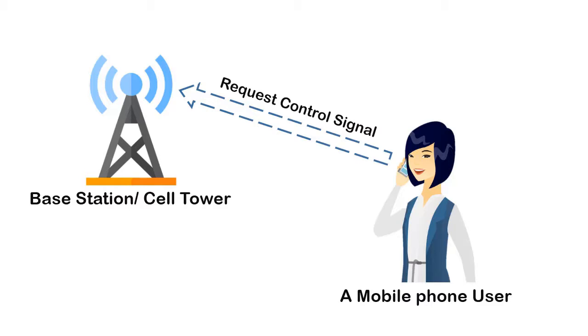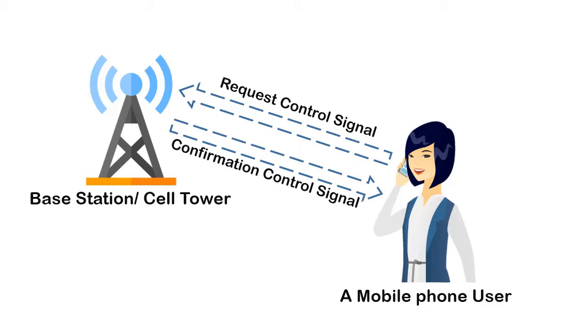Once they are verified, these signals are processed. The request signal includes important details of the caller and receiver ends. So once the signal is verified, the tower is ready to send the request to either the receiving user himself or to another tower or base station where the receiver is located. If the receiver is found available, the cell tower sends a confirmation signal to the mobile phone user.